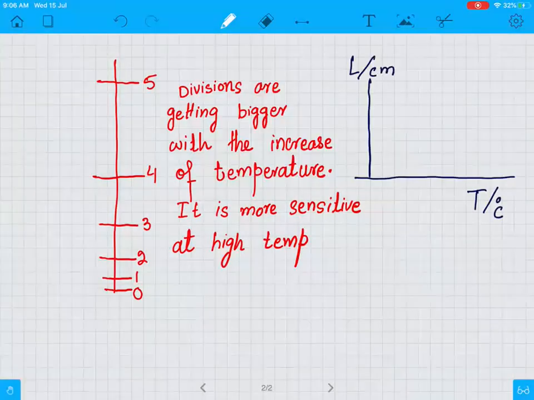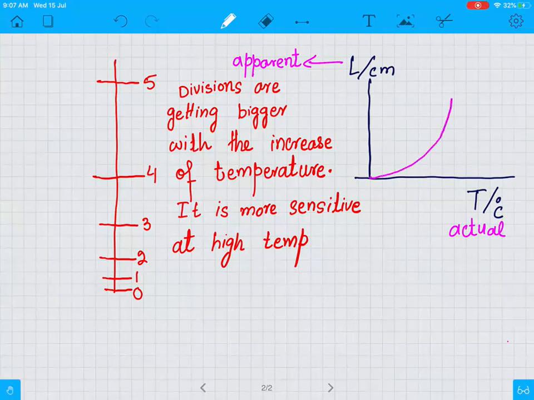As you see here, this is the apparent quantity, and this is the actual quantity. Now, when the divisions are getting bigger, the graph will bend towards the apparent axis. Here, as you see, this graph will bend towards the axis of length, because that is the apparent axis. So when the divisions are getting bigger, the graph must bend towards the apparent axis.